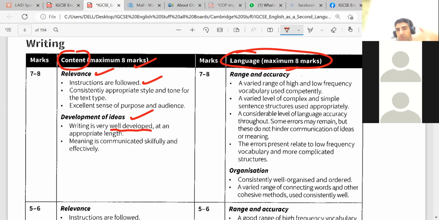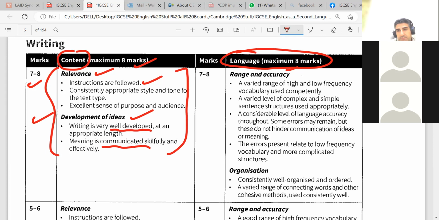It means adding more details, and the details should be relevant to the key idea. Another one, meaning is communicated skillfully and effectively. So in this way, you can get 8 out of 8 in the content, if you are writing relevant and related ideas, and also if your ideas are well developed.